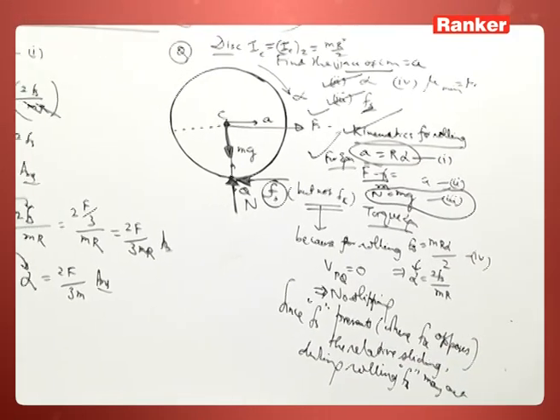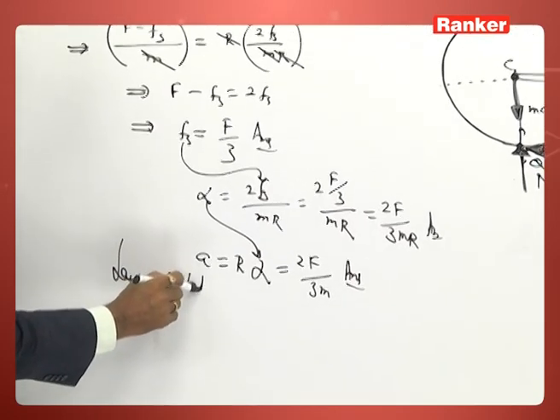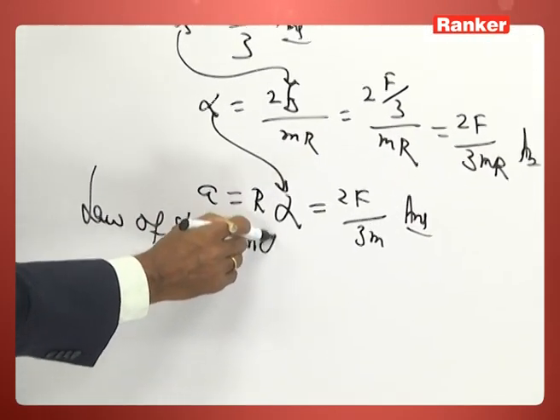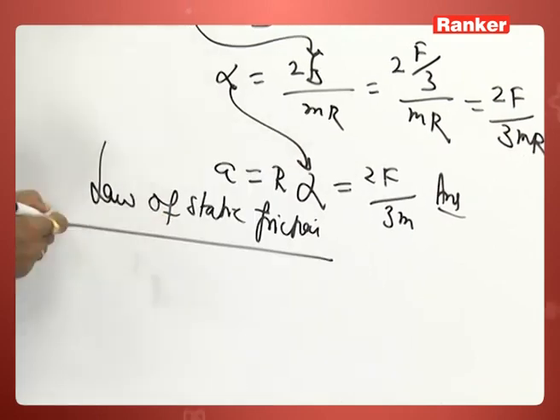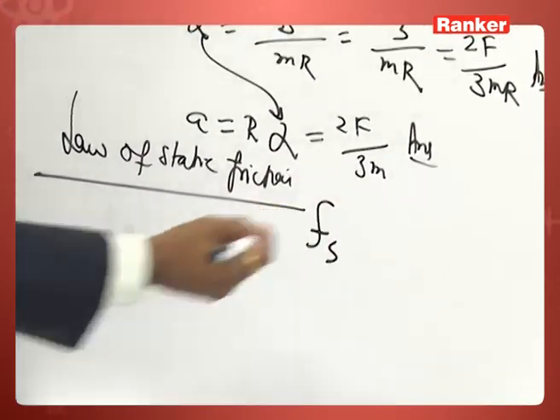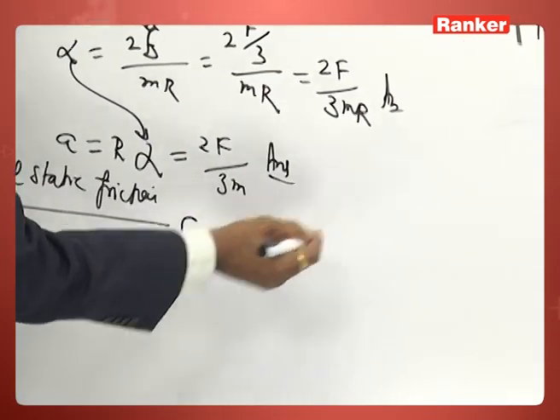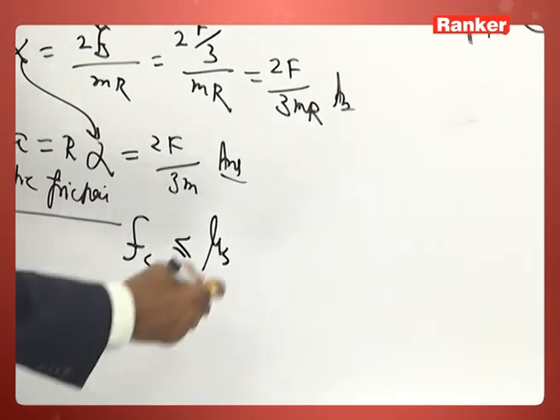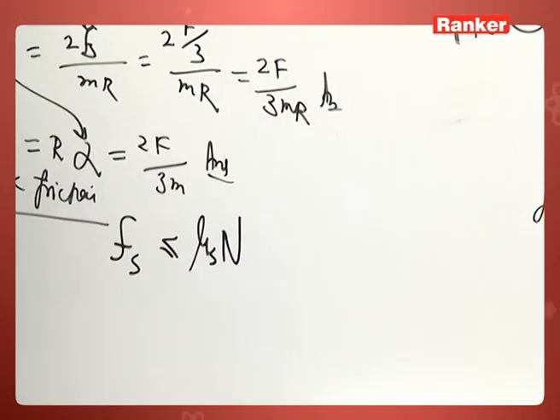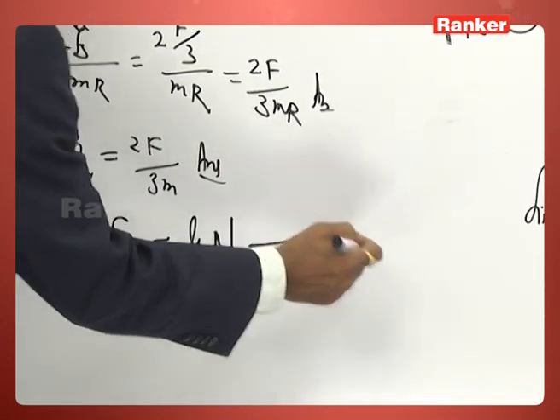For this, we will write the law of static friction, which states that static friction is less than or equal to the coefficient of static friction mu s times the normal reaction. This is another equation, that is the fifth equation.